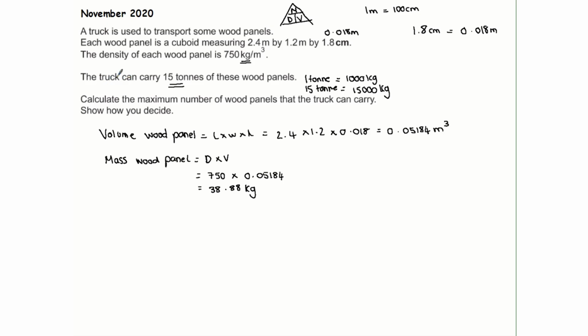We know the truck can carry 15 tonnes, which we've already converted into 15,000 kilograms. So the amount that can be carried means we need to take our 15,000 kilograms and divide 38.88 kilograms into it to see how many can be carried.